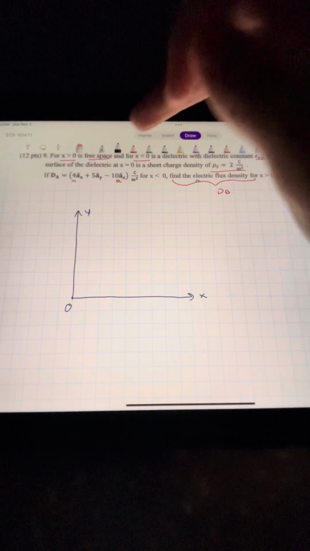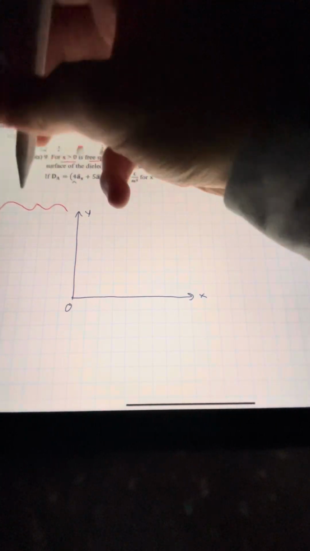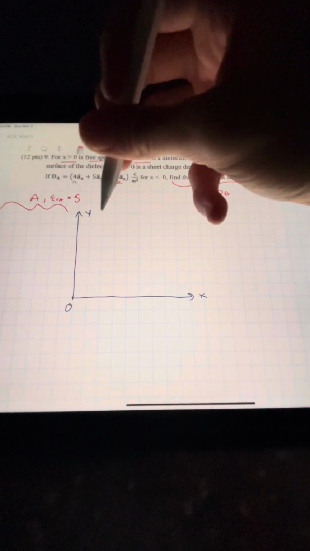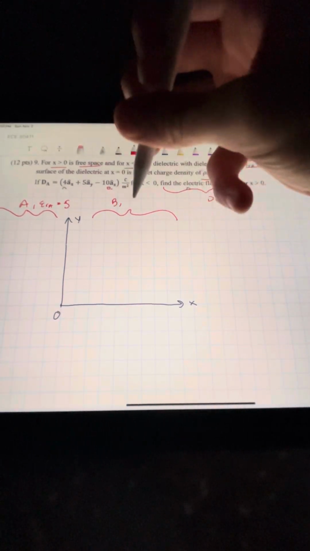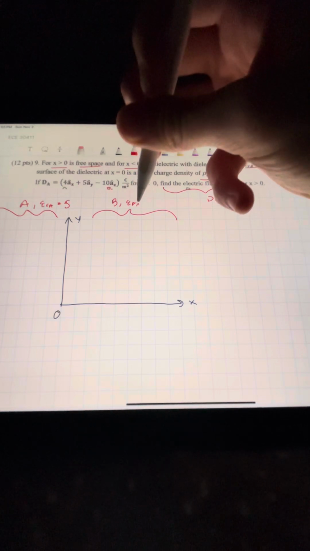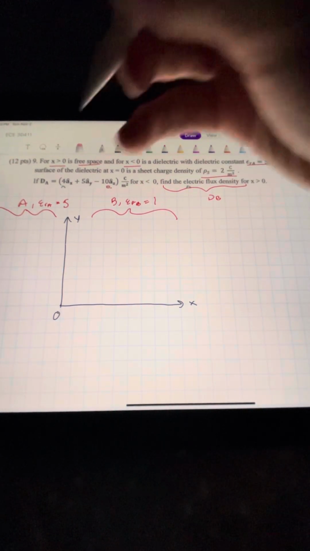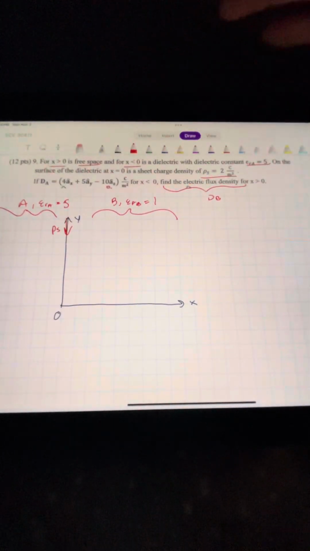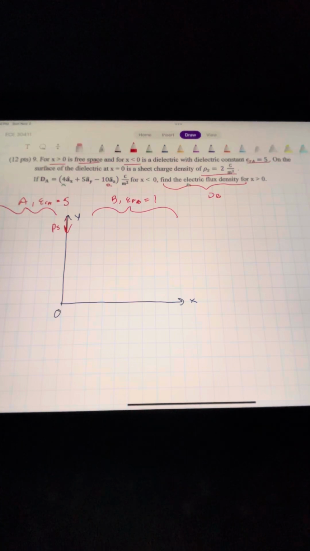To the left of the boundary is region A, with a relative permittivity of 5, and to the right of the boundary is region B, which has a relative permittivity of 1. And at the interface, we have a sheet of surface charge labeled rho sub s. This sheet is what creates a jump in the normal component of D, because it adds or removes electric flux right at the boundary.